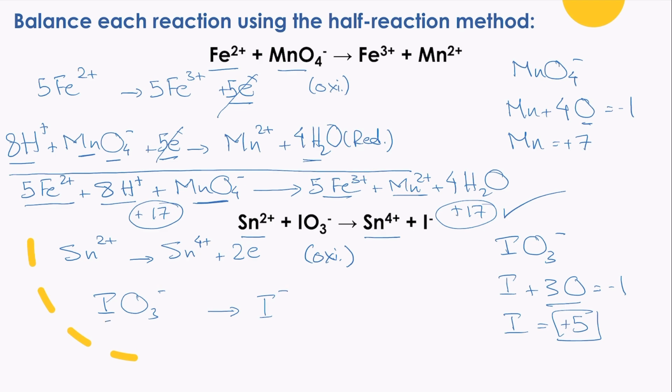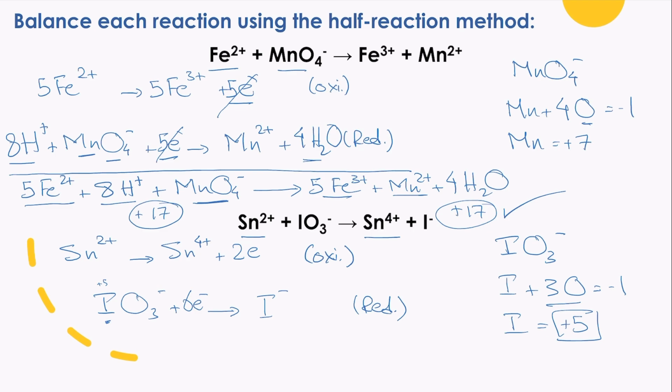We already know that this I is +5. It became -1, so it gained 6 electrons. This is the reduction half equation.